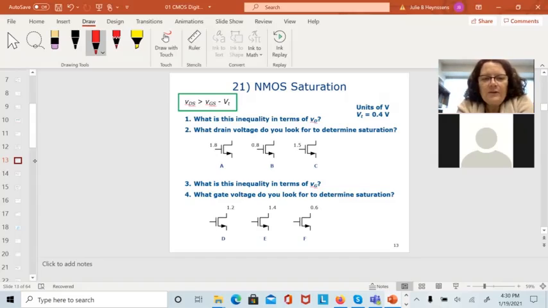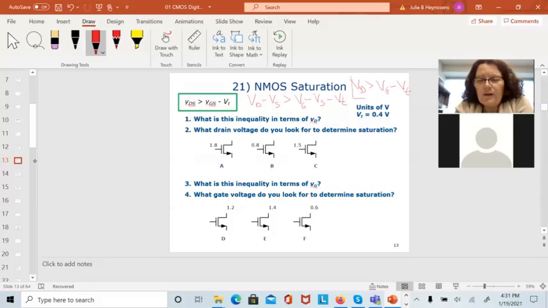Now, if I want to put this inequality in terms of VD, I have something that looks like VD minus VS greater than VG minus VS minus VT. I could add VS to both sides, and I'd end up with VD greater than VG minus VT.